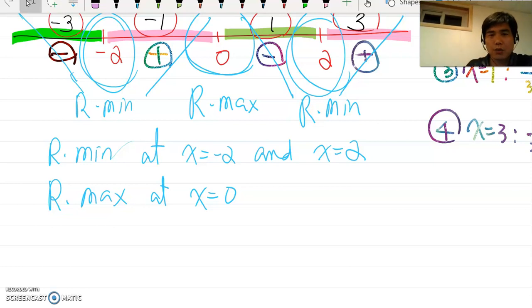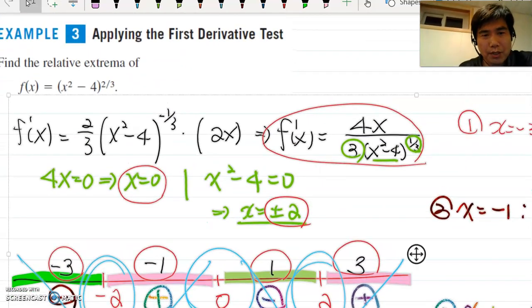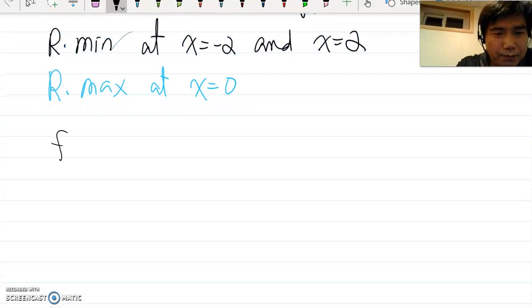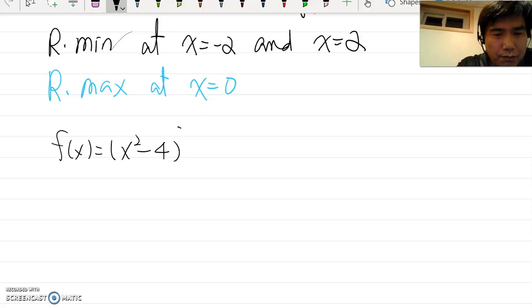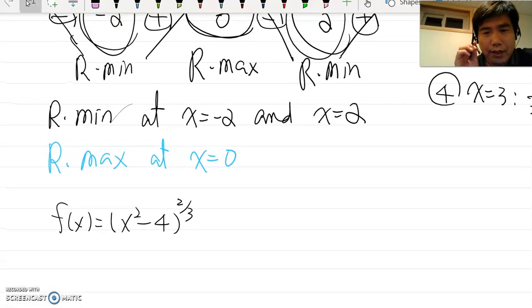That's why we are inputting all the critical values into the original function. So the original function was (x squared minus 4) to the 2/3 power. So I'm going to just copy. So we are inputting negative 2, 2, and 0 into here.